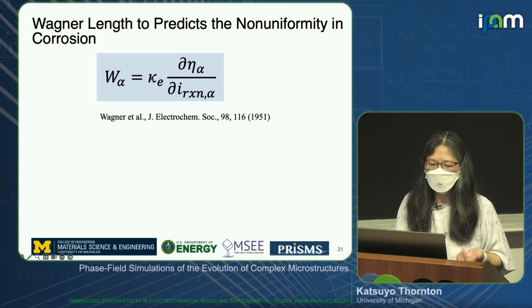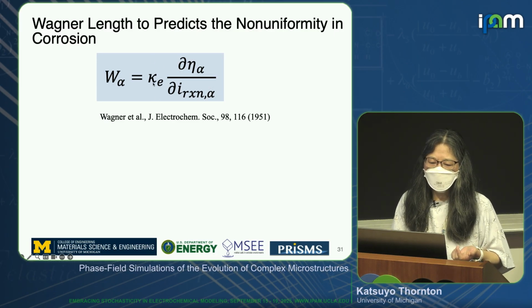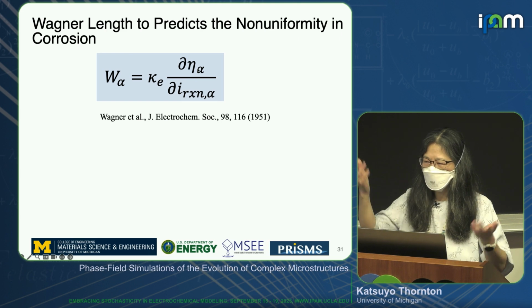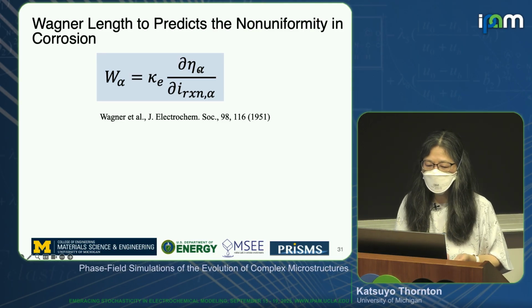It's a length scale that is a multiplicative factor of the conductivity and this D. It's probably easier to understand by looking at D over the reaction overpotential, and the inverse of that. So that ratio is the length scale.